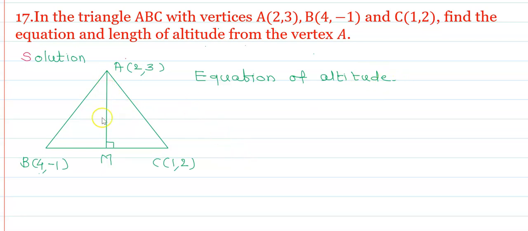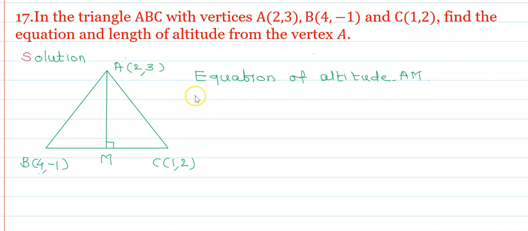First we'll find the slope of BC, and the negative reciprocal will be the slope of this altitude AM. We know a point on this altitude, which is A (2, 3).